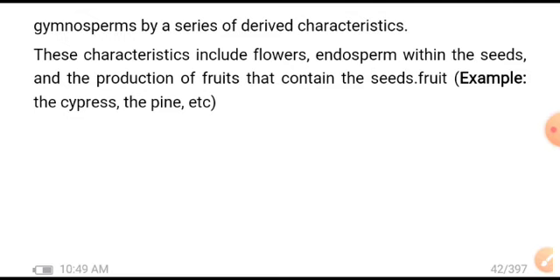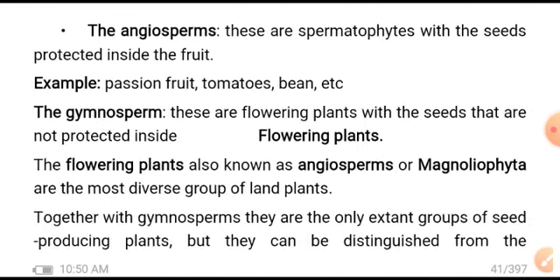These characteristics include flowers, endosperm within the seed, and the production of fruits that contain the seeds. Examples of gymnosperms are cypress and pine. These gymnosperms are the plants that do not have what? Flowers. Cypress and pines do not have flowers.